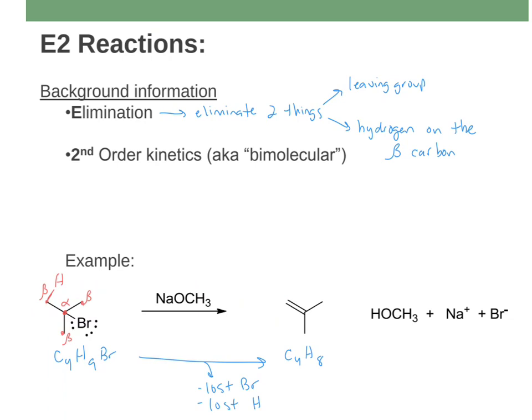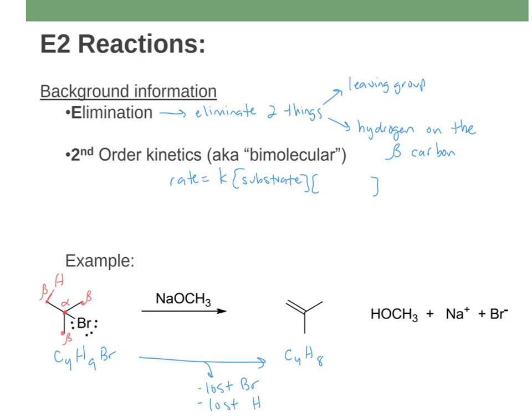When we look at our E2 kinetics, it is all the 2 again, just like SN2 stands for second order and bimolecular. So if I take a look at its rate law, it's going to be the same sort of thing as SN2's, where my rate equals some rate constant that's determined experimentally times the concentration of 2 different things. And much like SN2's, it's going to be the substrate. How much substrate do you have? That's going to determine how quick it is. But the other thing is, before we put nucleophile for the SN2s, because we use nucleophiles to substitute things out.